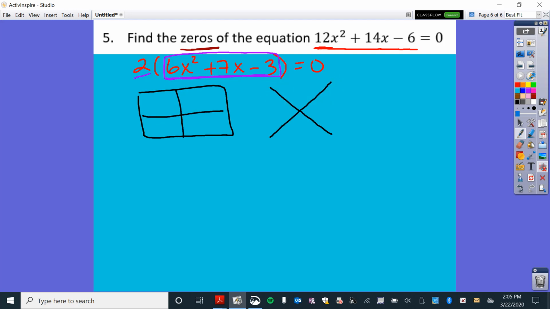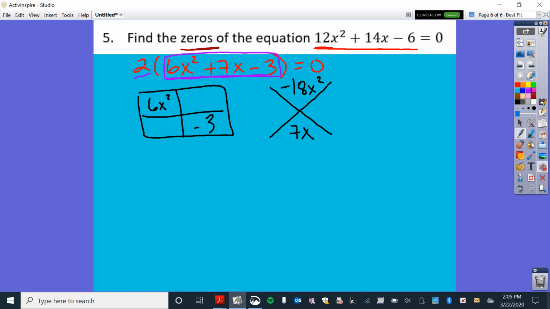Remember, first term goes in first box, last term goes in last box. Then we come over to our x, and we take our first times our last, so 6x squared times negative 3, which is negative 18x squared. And we take our middle term, which is 7x, and put it on the bottom.